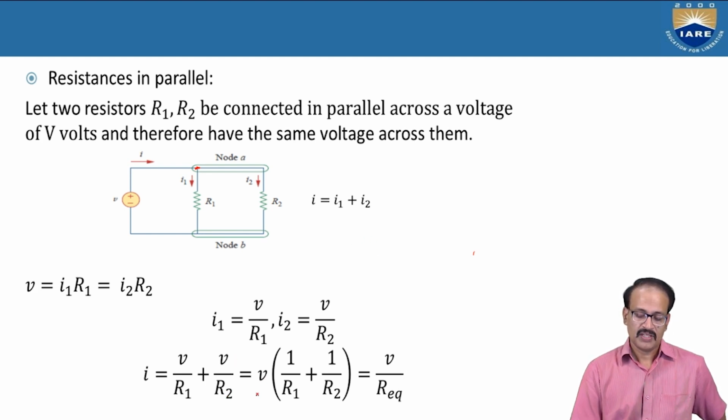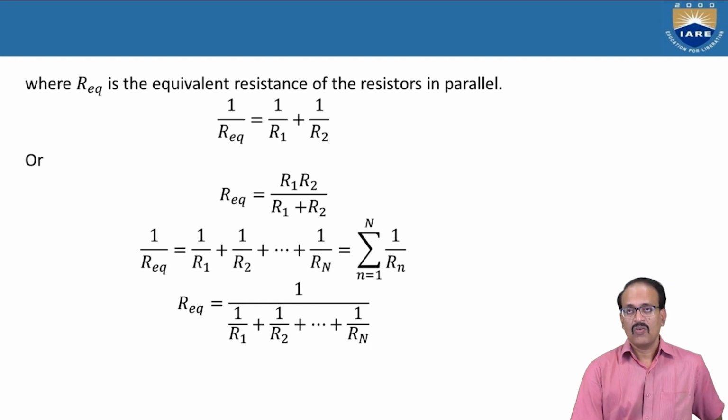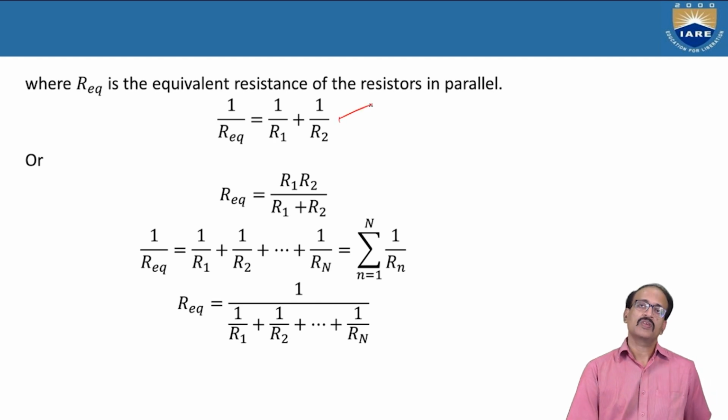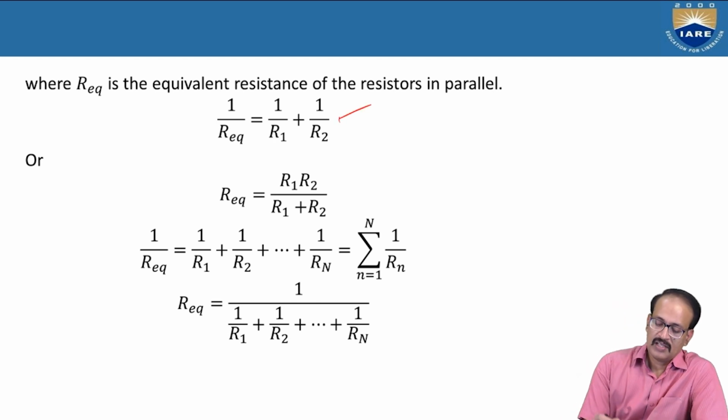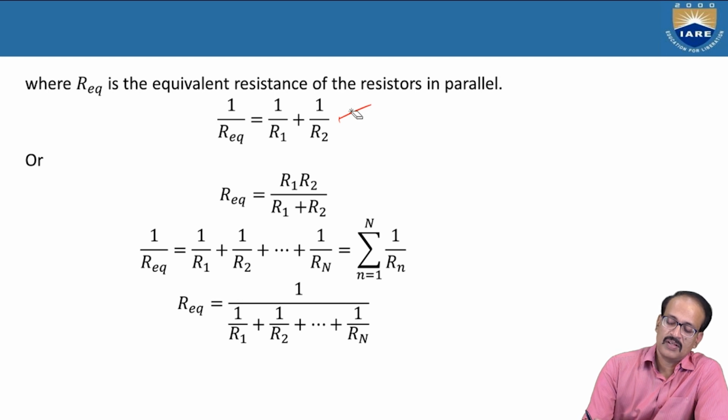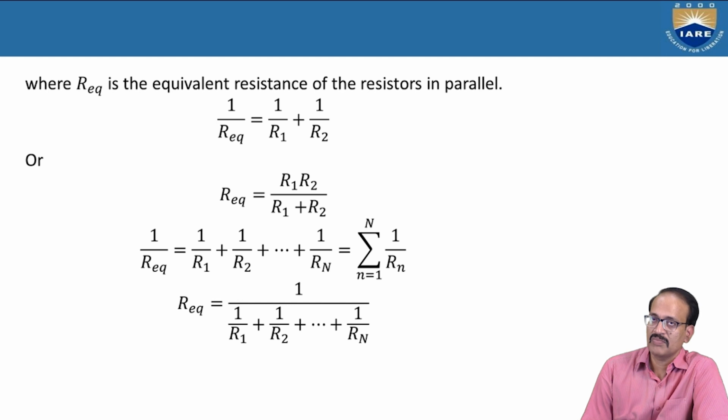If you take V common, that will be V by R equivalent. So 1 by R equivalent is equal to 1 by R1 plus 1 by R2. There are only two. Write like this. Or otherwise, R equivalent is equal to R1 R2 by R1 plus R2.